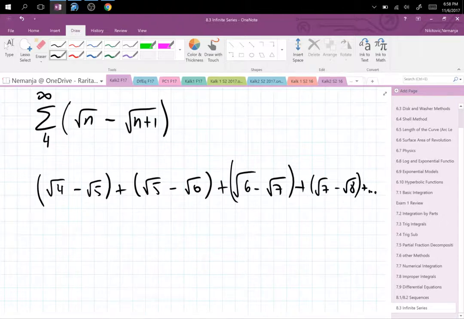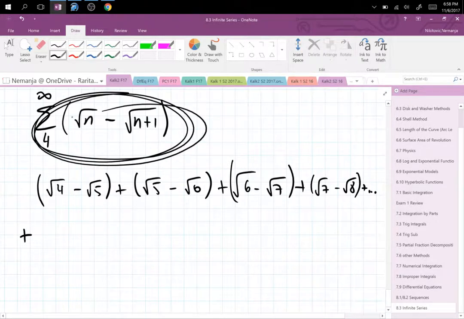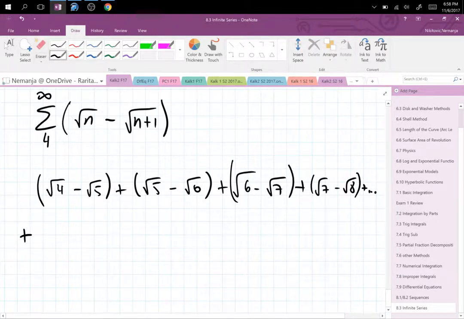And now pay attention. The bottom part I'm going to start writing from the back. I know that the last term has to look exactly like this except with k's. So I write that one first: square root of k minus square root of k plus 1.